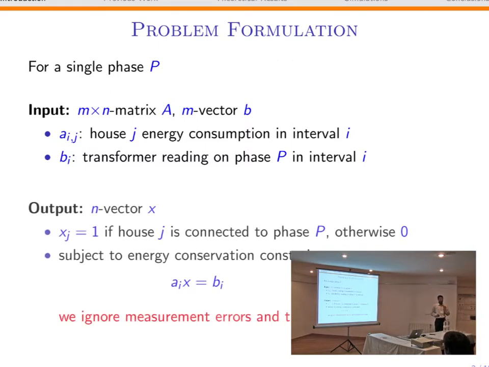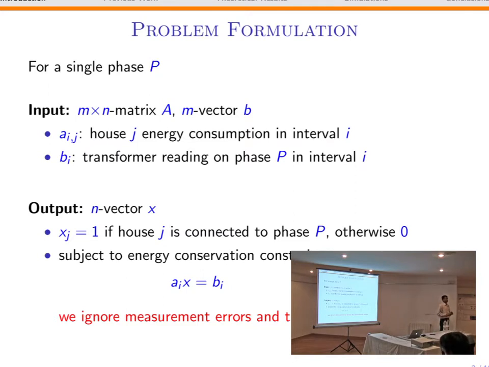The output of this problem is a binary vector x. x_j denotes whether a particular house j is connected to the phase P, subject to the constraint that the energy conservation law is satisfied. This term A_i x denotes the total amount of energy consumed by all the households, and b_i corresponds to the energy sent from the transformer side. So we equate these two quantities, and we get this constraint. Here also, I mentioned that we ignore the losses.